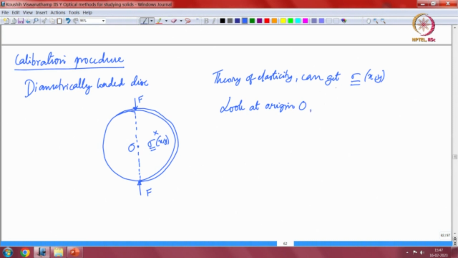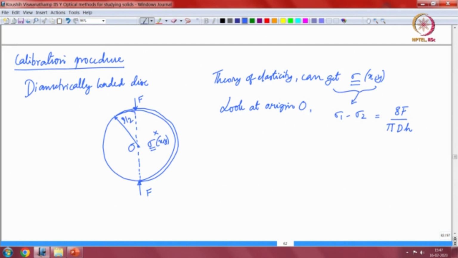The solution here gives that the principal stress difference at the origin is 8F by pi d h, d being the diameter, radius is d by 2.